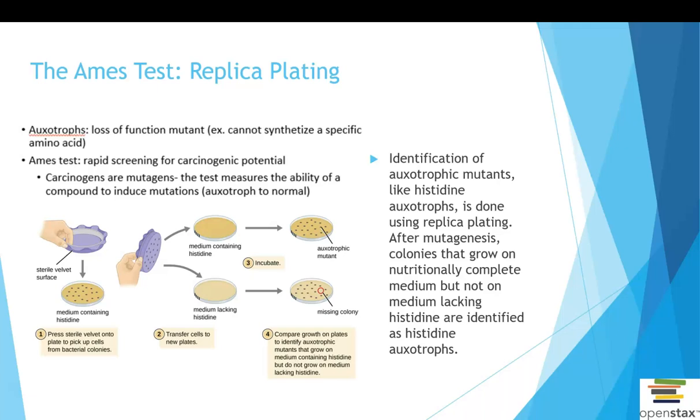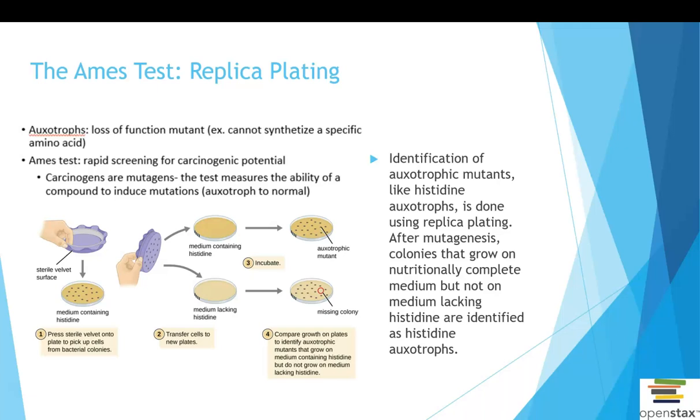The Ames test is a very common and very important test that they usually do, especially in the pharmaceutical field, when they discover a new medication or drug. This is one of the tests that they do.